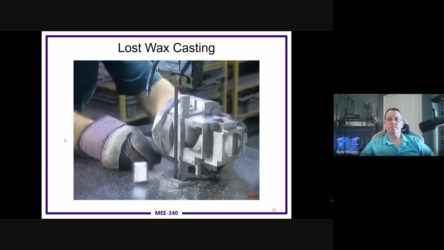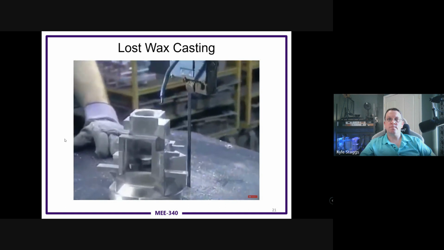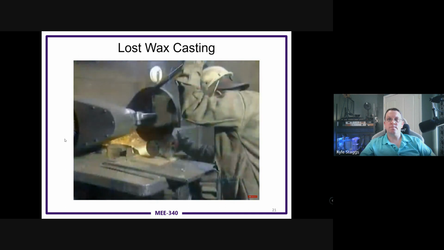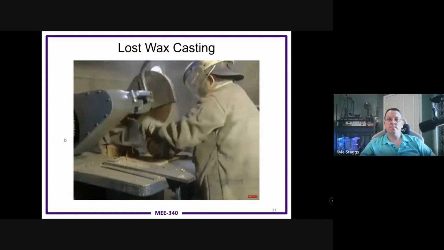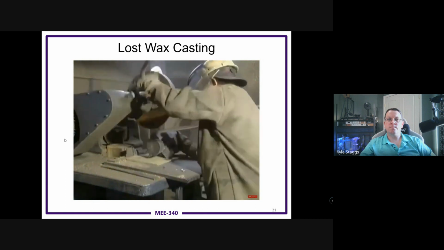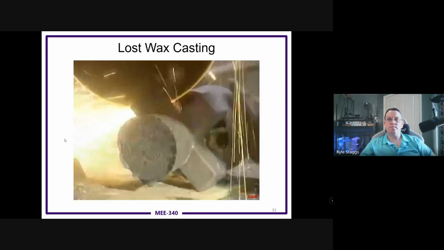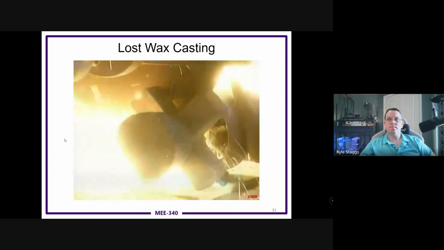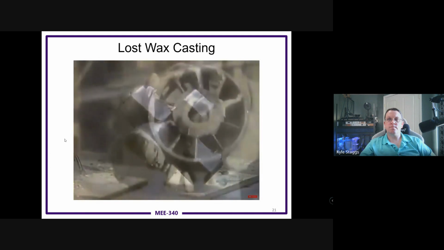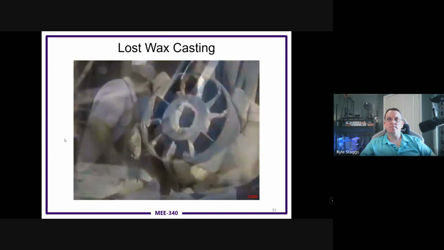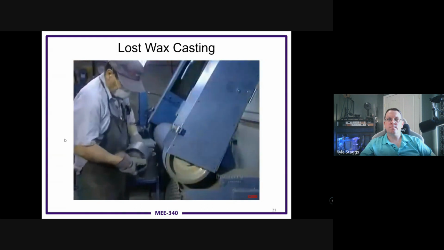They saw off the metal delivery system. Then grind the surface smooth.